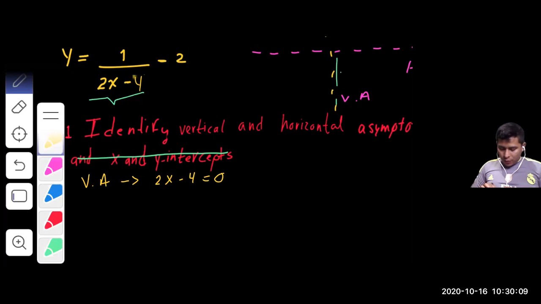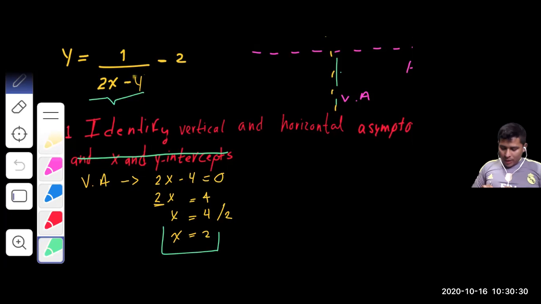We need to solve for x. 2x minus 4, guys, if I add positive 4 on either side, I'm going to get 4, right? But I need x to be completely alone. x is going to be what, guys? 4, this 2 is multiplying, on the other side it's going to be divided. And finally, x is going to be equal to 2. This is my important information, guys. The vertical asymptote is x equals 2.